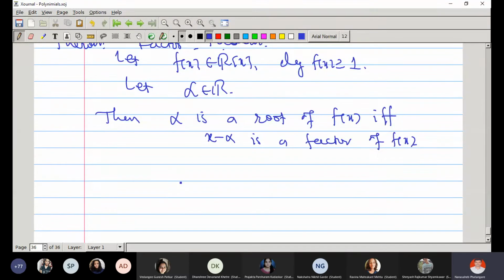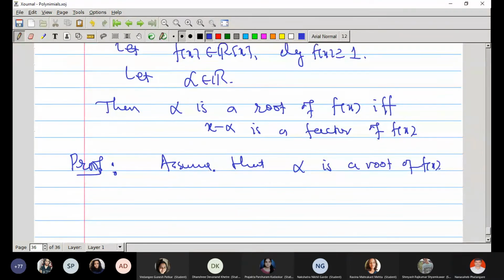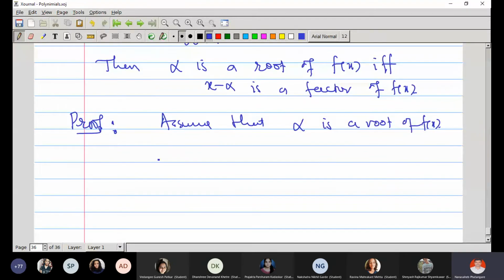How would you see this? First assume that alpha is a root of f of x. Let g of x be x minus alpha.